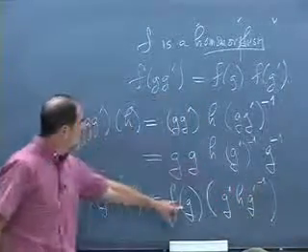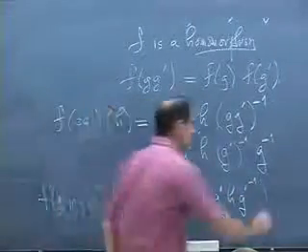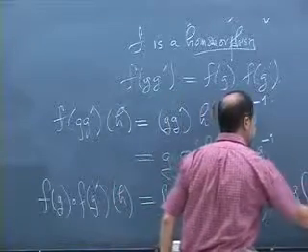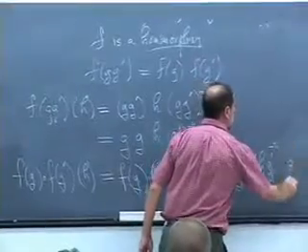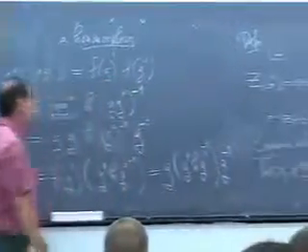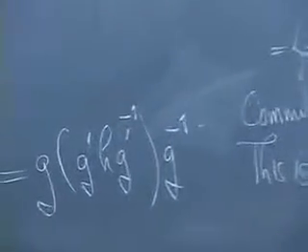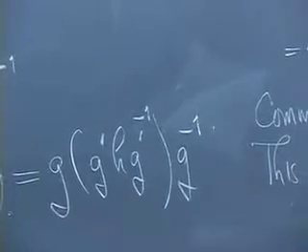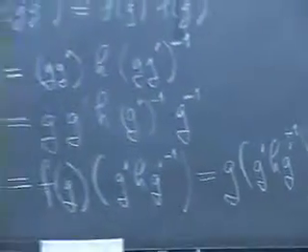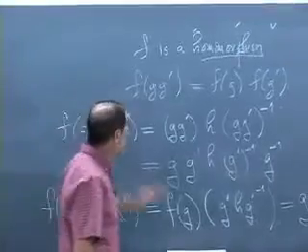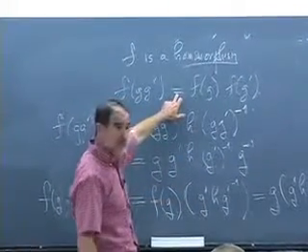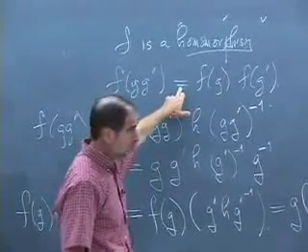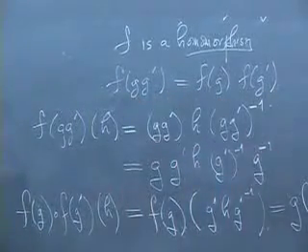And this automorphism is conjugate by G. So I get GG'HG' inverse G inverse. If you look at what this does to H and what the other does to H, they do the same thing for every H. Therefore, they are the same automorphism. So this is equality in the automorphism group of G, and that's why this map is a homomorphism.